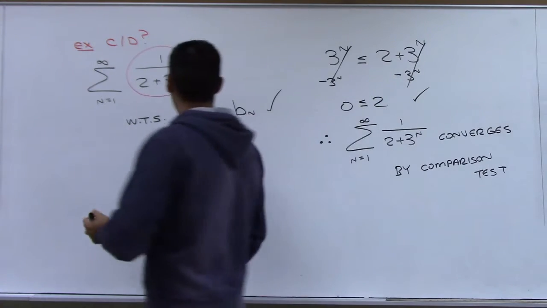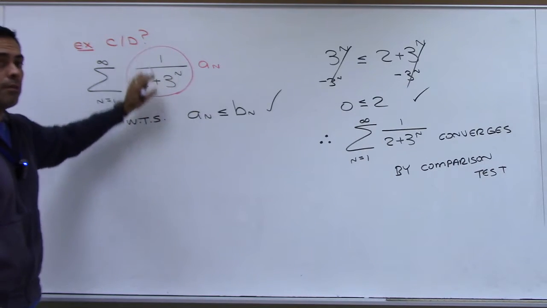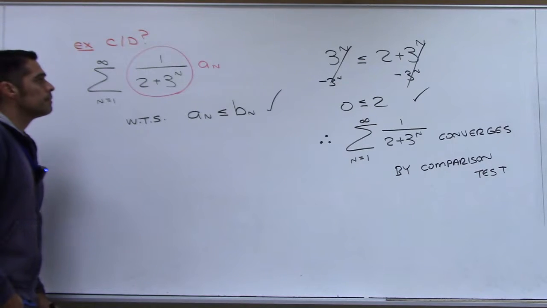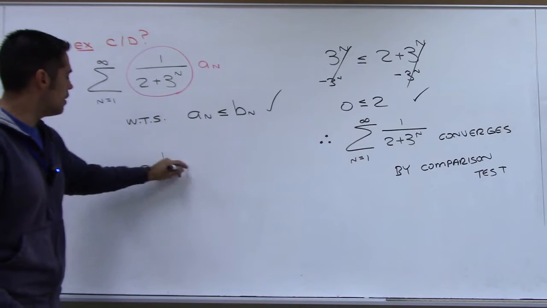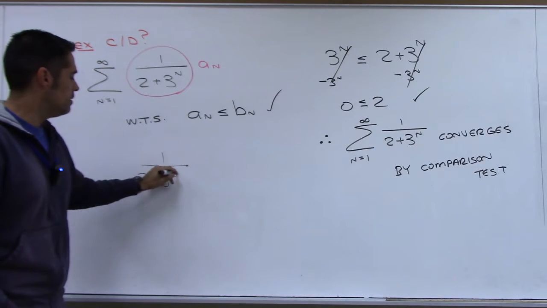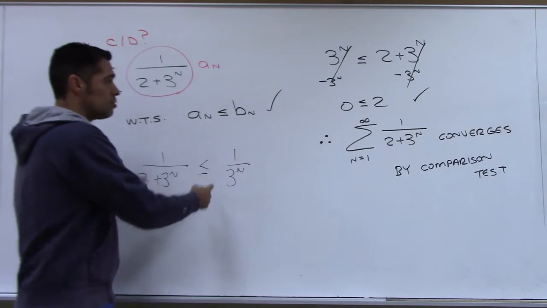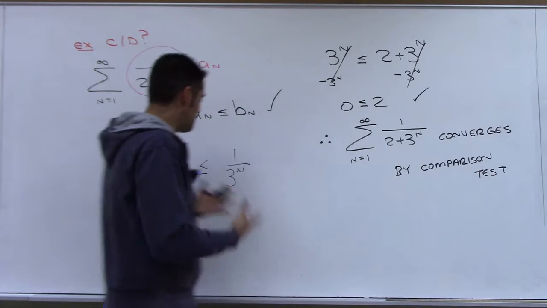This is the A sub n, 1 over this. 1 over this. If the A sub n is supposed to be less than the B sub n, it's not. This is smaller. 1 over 2 plus 3 to the n is less than 1 over 3 to the n. Now, I showed that this is true by moving it all the way over here and just saying that that's true.